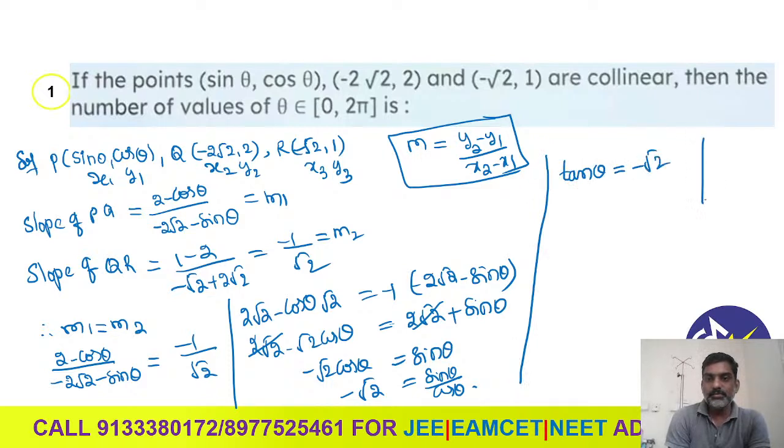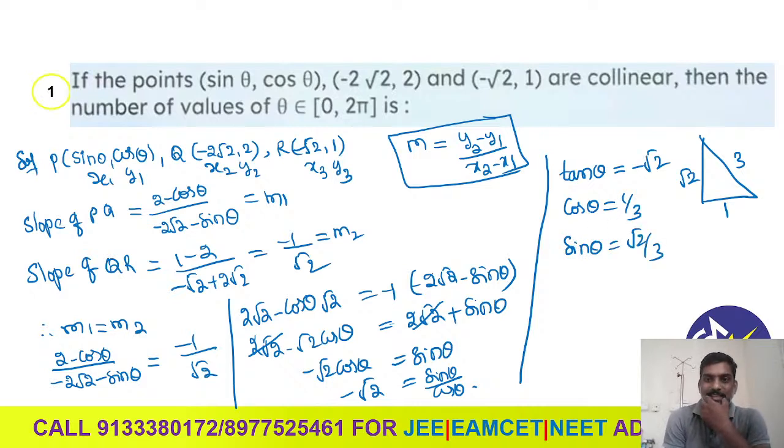Here the opposite side is root 2, adjacent is 1, then the hypotenuse will become root 3. If you find out, cos theta is 1 by root 3 and sin theta is equal to root 2 by root 3, and tan theta is negative.